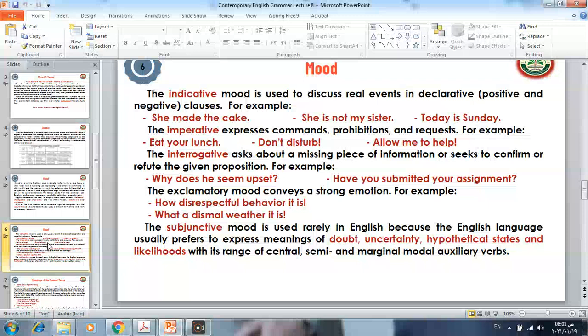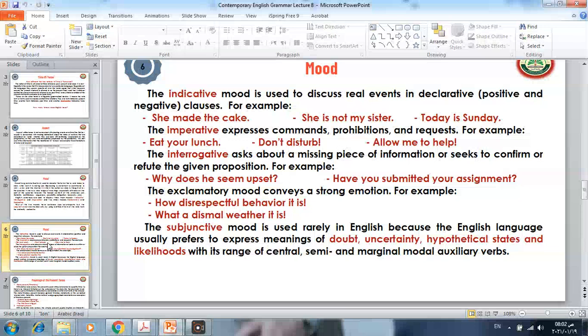The imperative mood expresses commands, prohibitions, and requests. So the imperative mood has the imperative sentence as a counterpart, and we use it to express so many meanings: commands, prohibitions, requests, warnings, offers, invitations, and so many others.